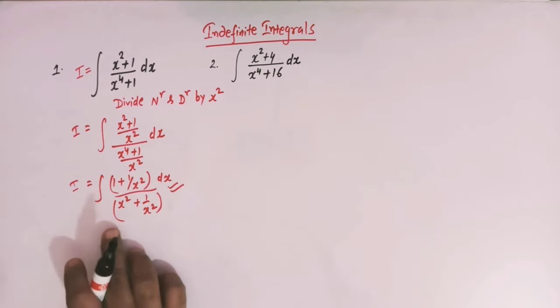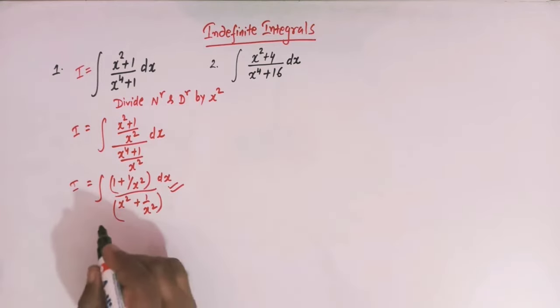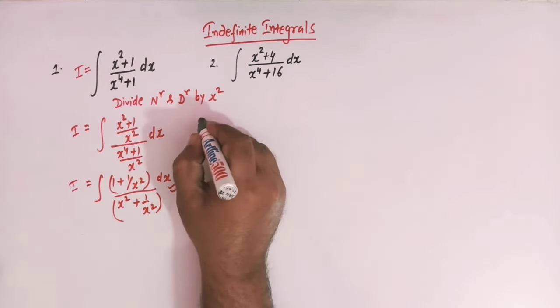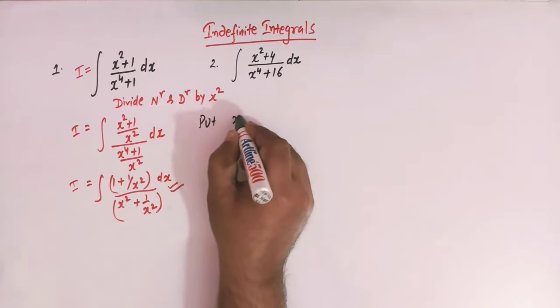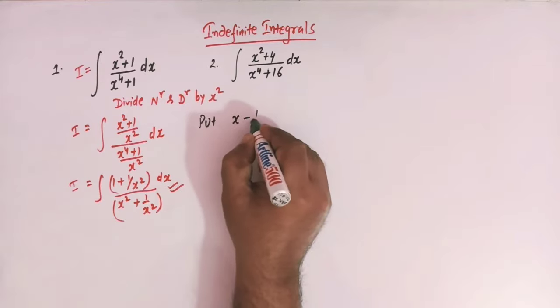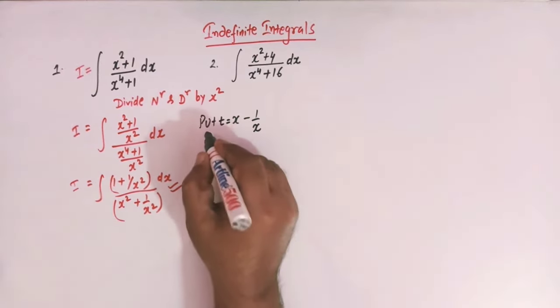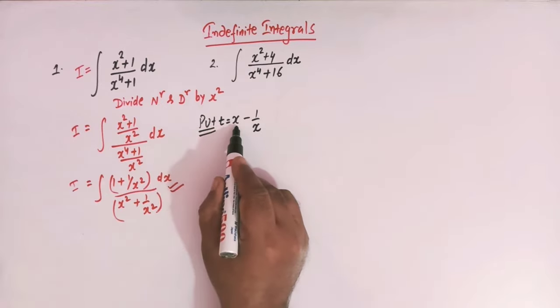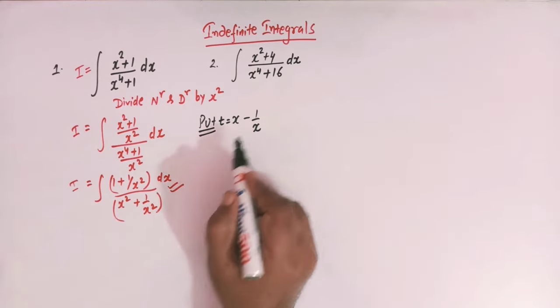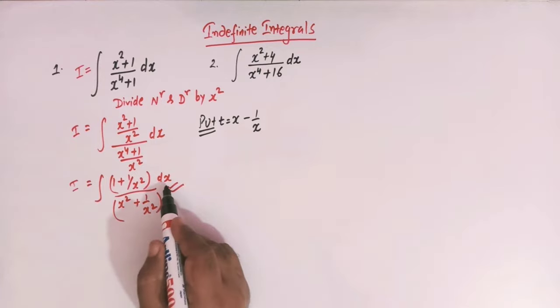By the method of substitution, we will take x minus 1 over x as t. So we put t is equal to x minus 1 over x in order to solve this integral.